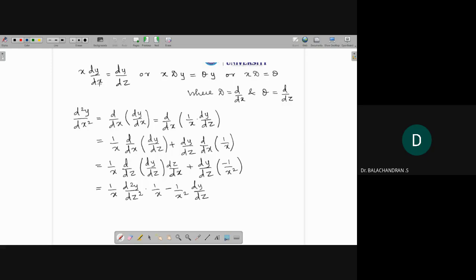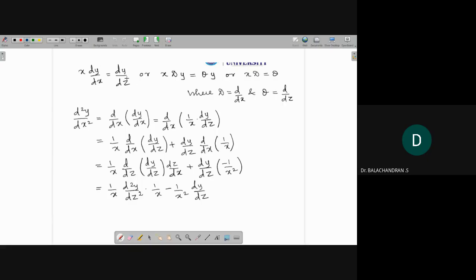Now capital D equals d by dx. So x dy by dx equals, some people take this as theta, some as D dash, the notation will differ. I will take theta, where theta equals d by dz. So d by dz equals theta.